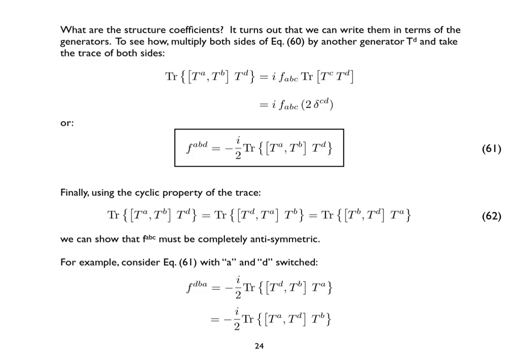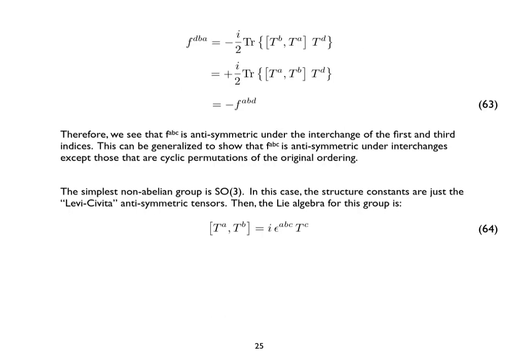And you can also learn something else by using the cyclic property of the trace. If you go up here and you switch some of the indices, and then use the cyclic property of the trace, and the fact that these guys don't necessarily commute, you can show that they are anti-symmetric in the exchange of the indices, right?